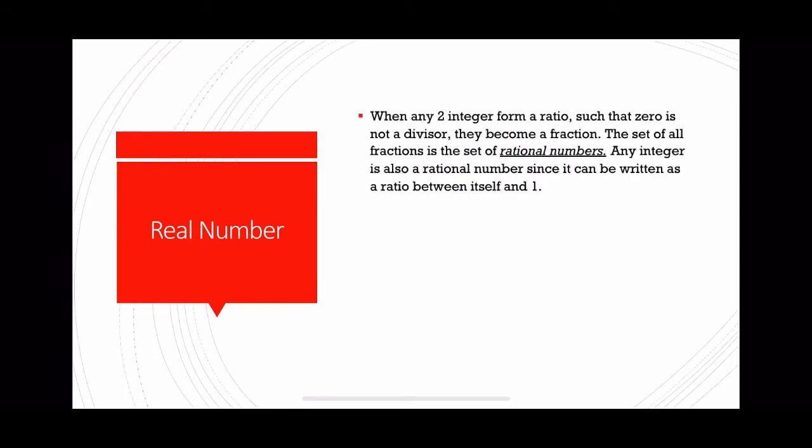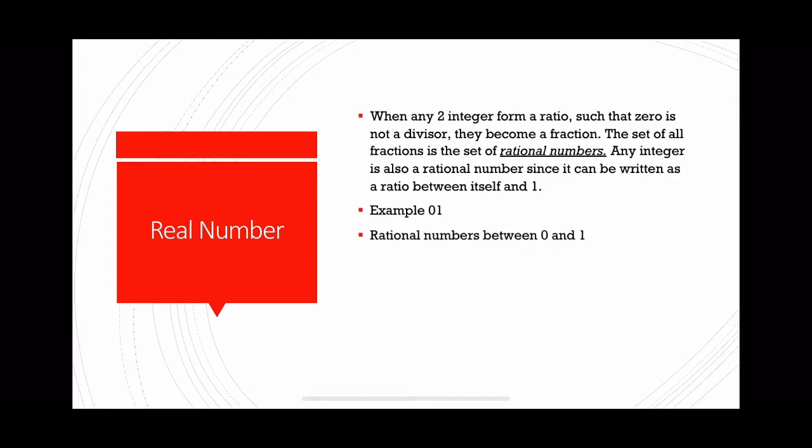When any two integers form a ratio such that 0 is not a divisor, they become a fraction. The set of all fractions is the set of rational numbers. Any integer is also a rational number since it can be written as a ratio between itself and 1.